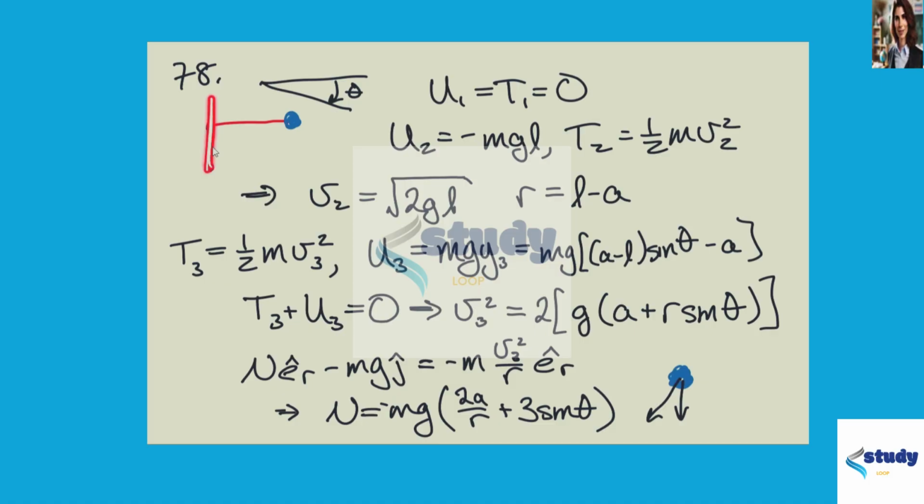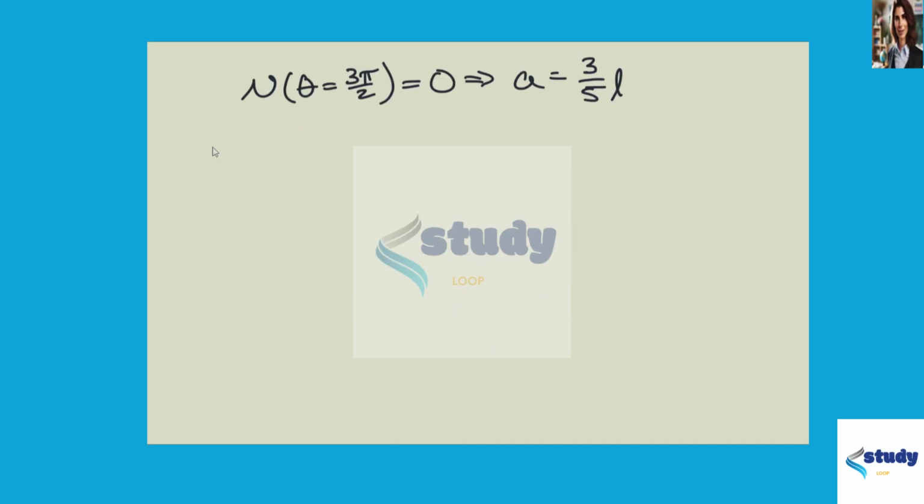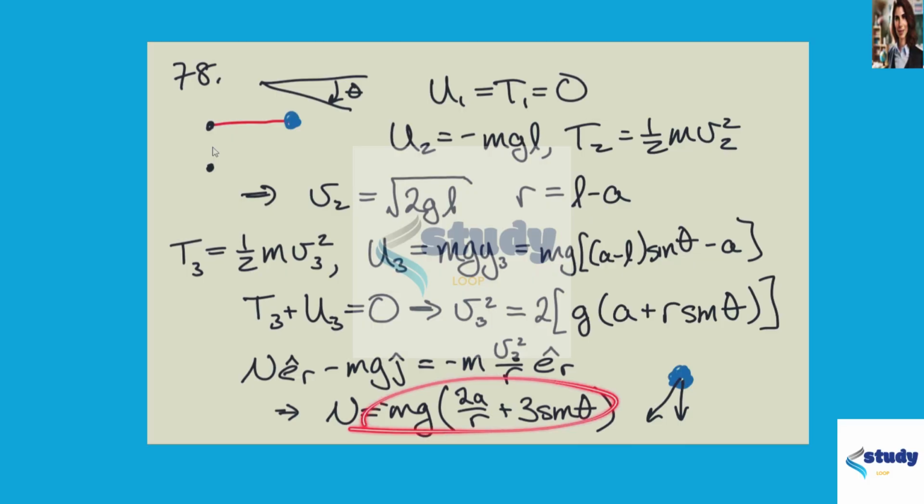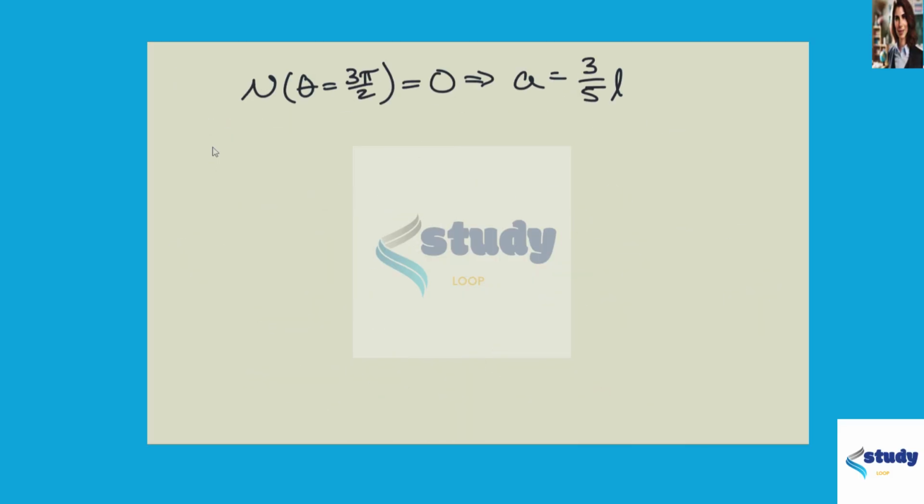When the bob is up here and the remaining part of the cord is vertical, we look at that, and we set n as a function of theta equal to 0. We get an equation for A, and we find that A needs to be 3/5 of L. And that makes some sense.